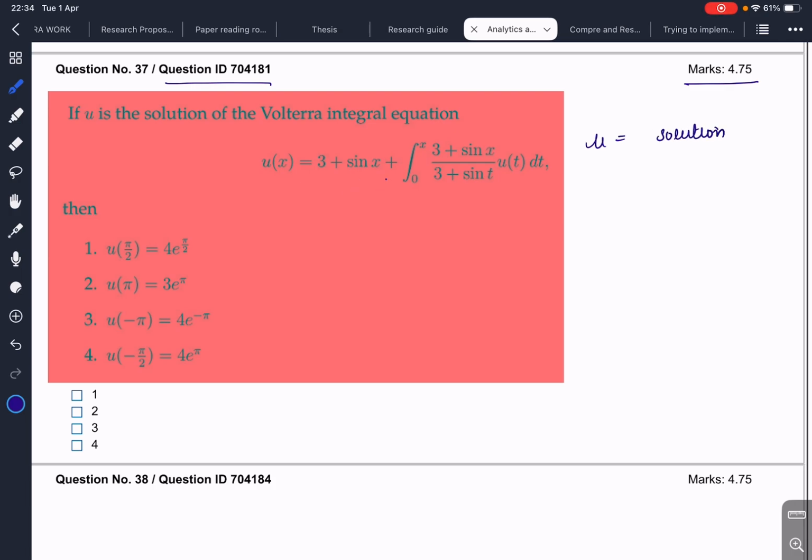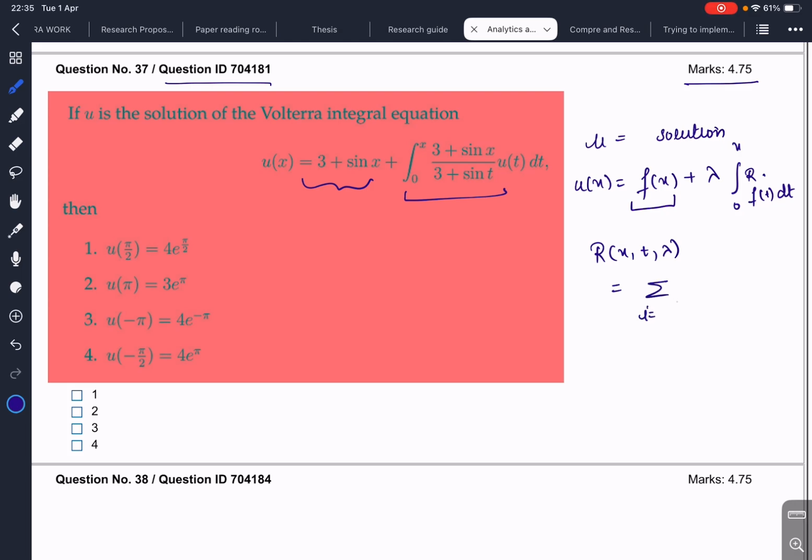We know that for a Volterra integral equation, the solution is given by u of x is equal to f of x plus lambda integral 0 to x resolvent kernel into f(t) dt, where f(x) is this function, lambda is the value that comes before this integral, here it is 1, and the resolvent kernel is given by R(x, t, lambda) equals summation i from 1 to infinity lambda power i minus 1 K_i(x, t). So this is our formula.